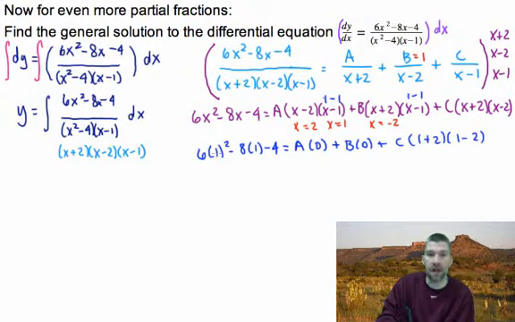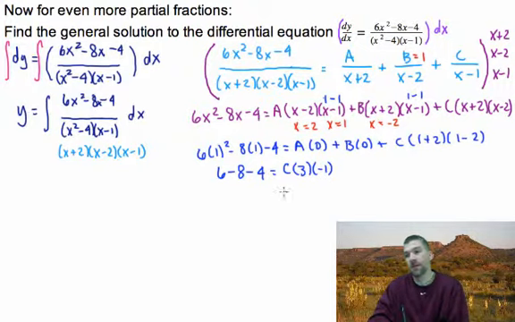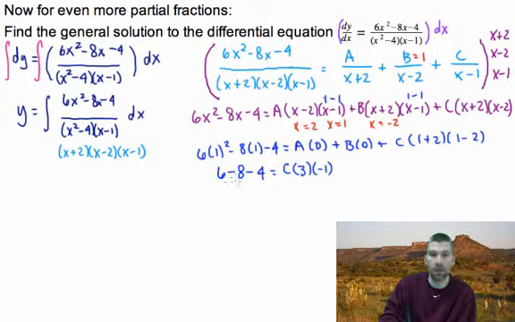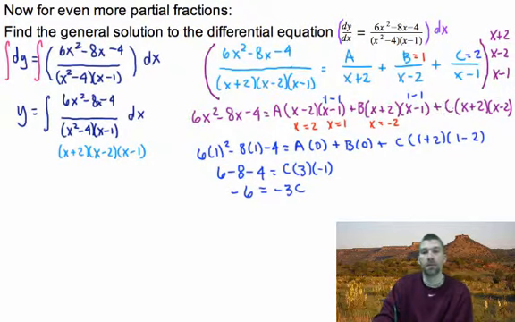Notice that I'm going to be left with 6 minus 8 minus 4, which is equal to c times 3 times negative 1. What we end up with here is negative 6 equals negative 3c. So my c is equal to 2.